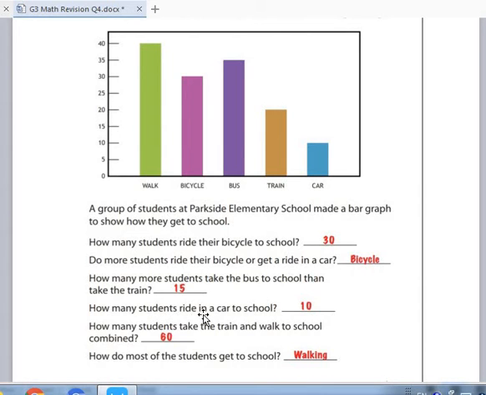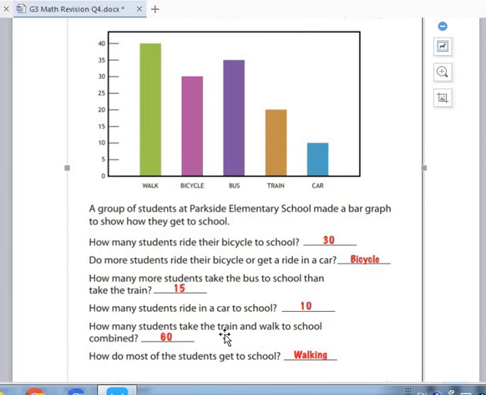How many students ride in a car to school? We go up and then to the left. So 10 students go to school in a car. How many students take the train and walk to school combined?